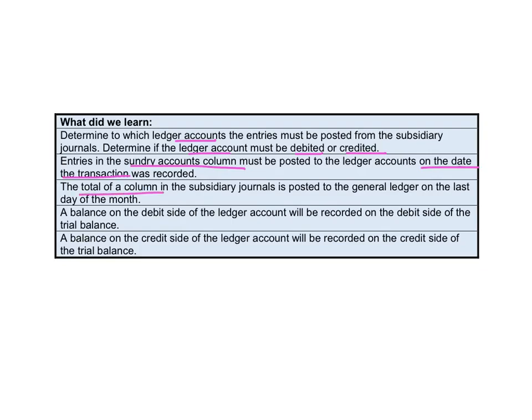The total of columns in any of the subsidiary journals will be posted to the ledger on the last day of the month. The balance on the debit side of a ledger account will appear on the debit side of the trial balance. A balance on the credit side of the ledger account will be recorded on the credit side of the trial balance.